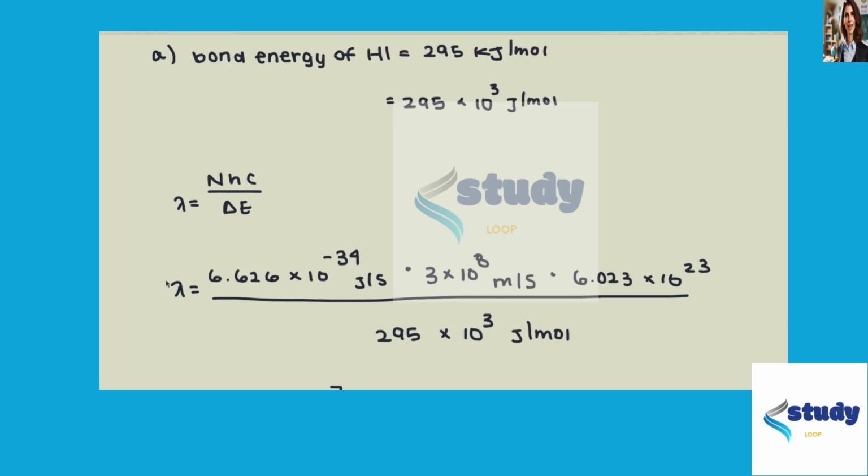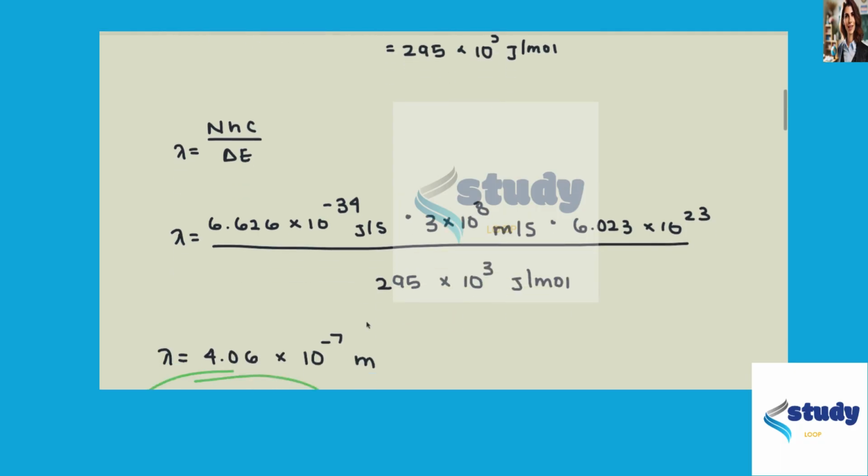So lambda, the wavelength, will be equal to Planck's constant, 6.626 times 10 to the negative 34th joules seconds, times the speed of light, 3 times 10 to the 8th meters per second, times Avogadro's number, 6.023 times 10 to the 23rd. We'll divide that by our bond energy, 295 times 10 to the third joules per mole.